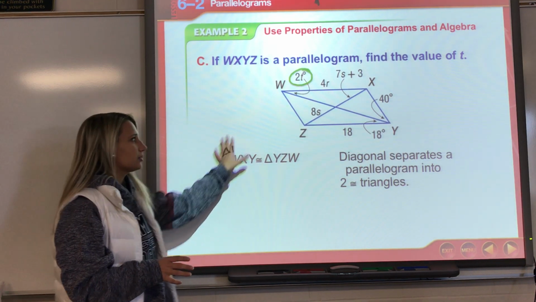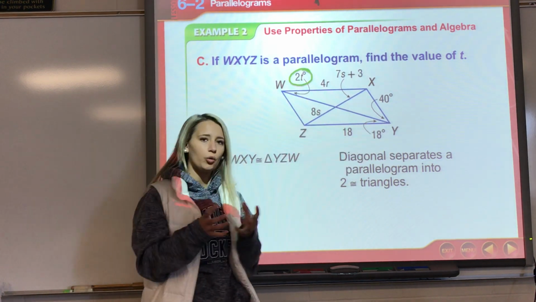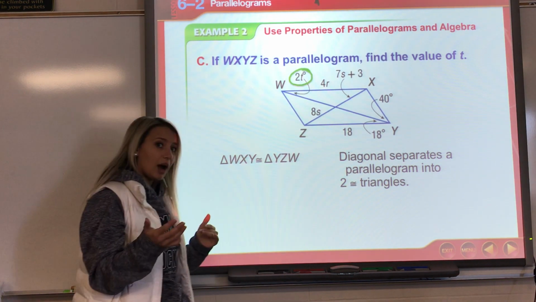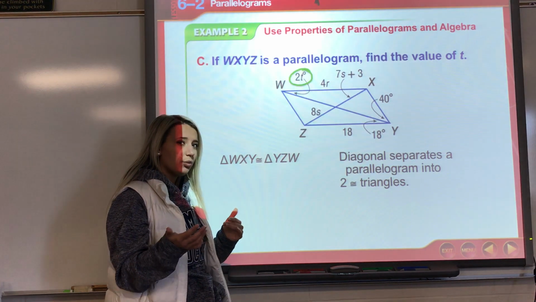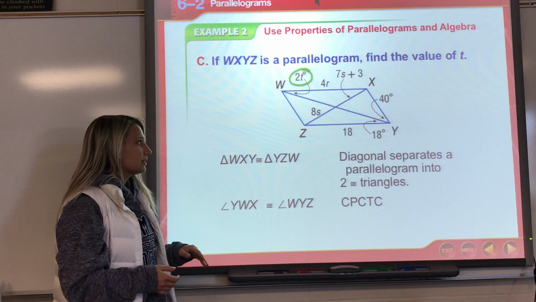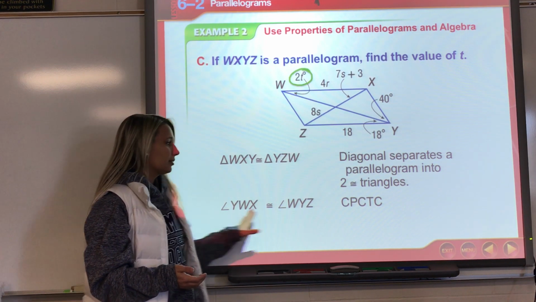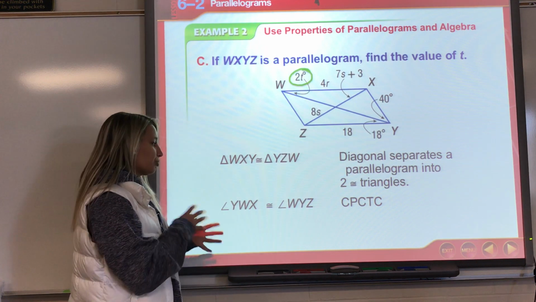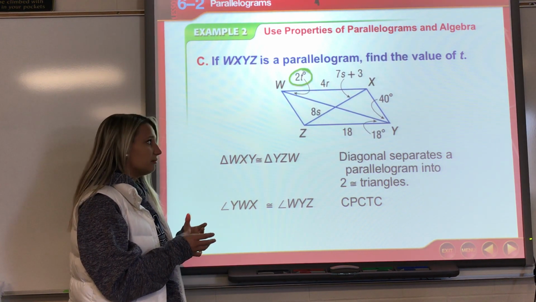Okay, this diagonal cuts the whole parallelogram into two different triangles. And since we know that the opposite sides are parallel, we can use some congruent triangles. So since they're congruent, we can use corresponding parts of congruent triangles are congruent to prove that some different angles are equal.